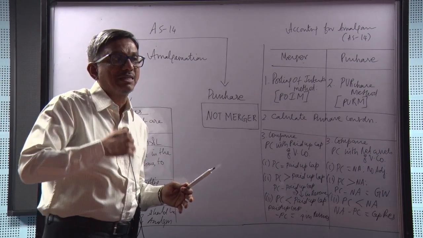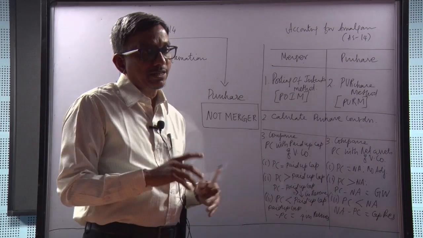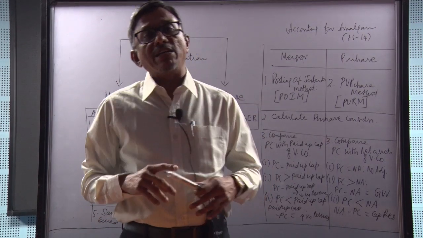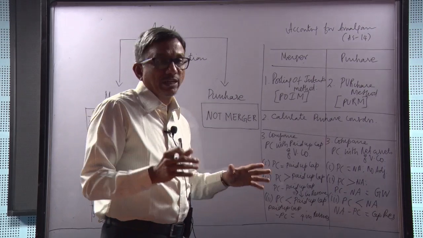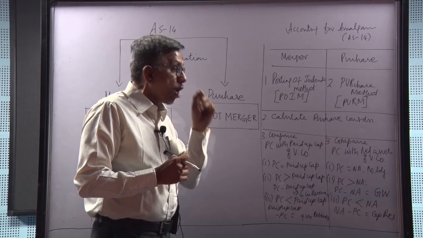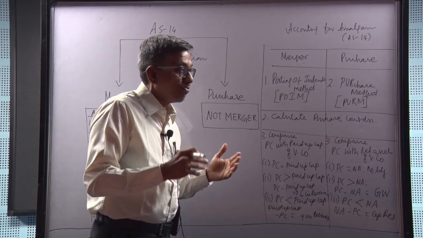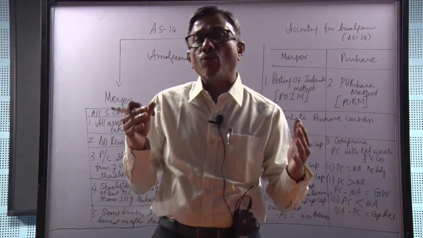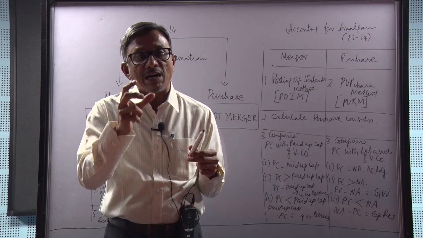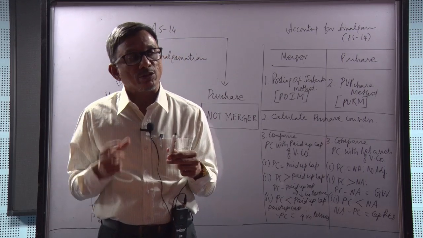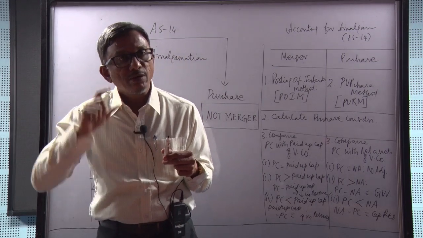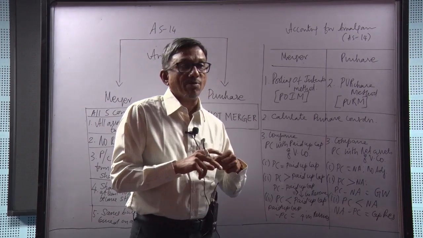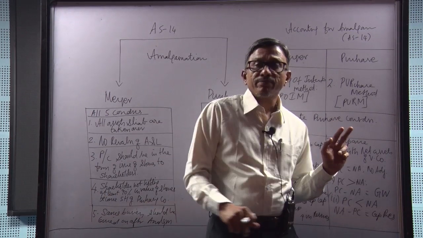Against that, you are given consideration in the form of shares or cash that will be recognized in the balance sheet of the purchasing company without any difference. On the contrary, if a consideration is more than net asset, you record all the assets and liabilities taken over, but you are paying a certain amount more than the assets taken over. Is it not? That difference will go to the balance sheet of the purchasing company as purchase goodwill.